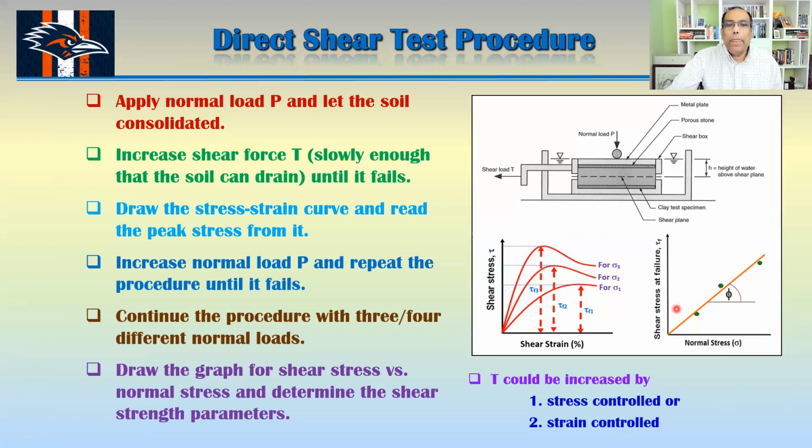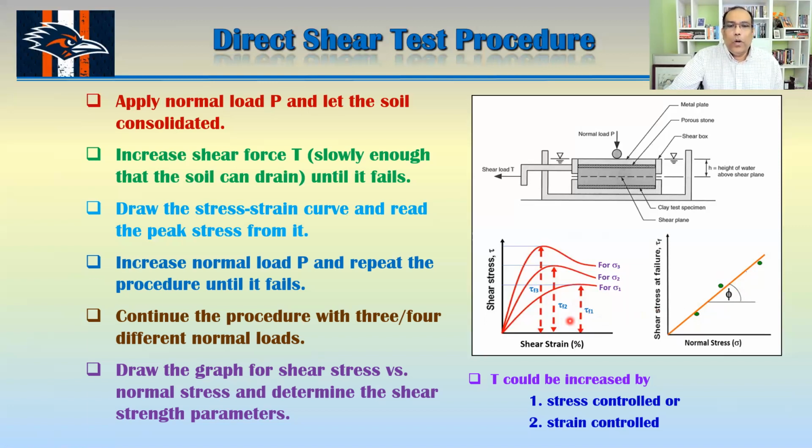That's the way you find the shear strength for sand and silt type of material. Now you can ask, can you do that for clay? Well, we'll talk about that. It's a little bit difficult, okay? And why difficult? Because we cannot control the drainage here.